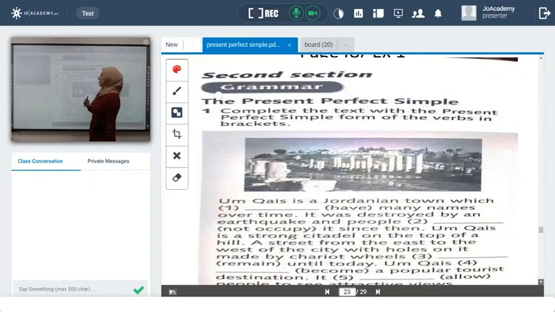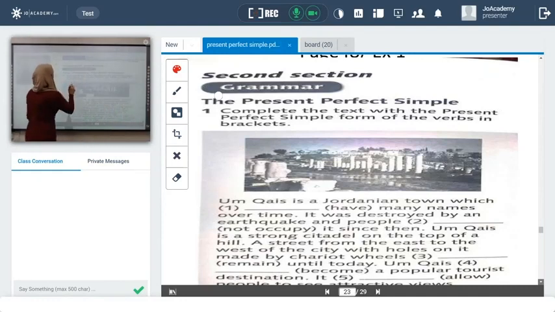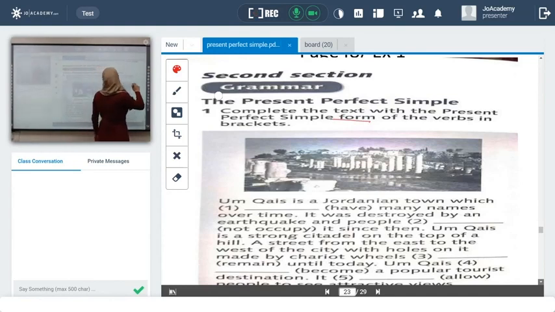What does the exercise want? Complete the text with the present perfect simple form of the verb or the verbs in brackets. Let's read it again faster. Complete the text with the present perfect simple form of the verbs in brackets.